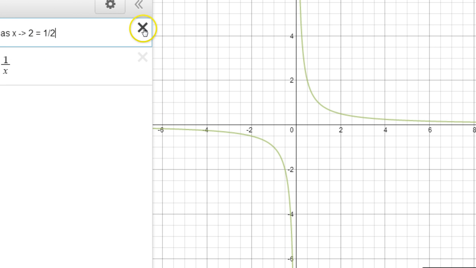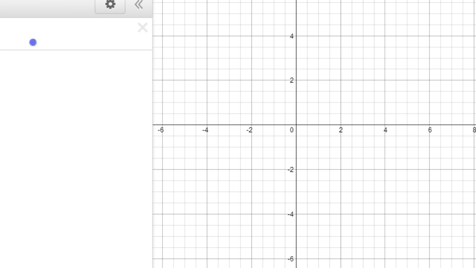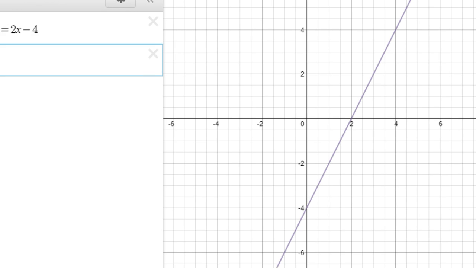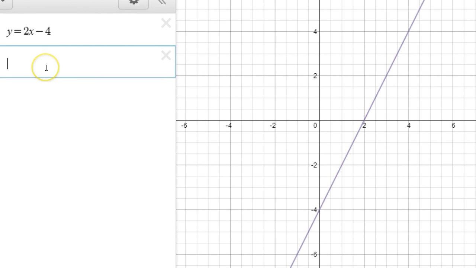Now, the thing that might happen, and I was talking about this with the pre-calc kids. Okay, let's get rid of this. All right, let's say all of a sudden I had a graph, y equals 2x minus 4. Okay, something like that. But then all of a sudden I had a discontinuity, or in other words, a piecewise, where I had the point 1 comma negative 2, and 1 comma 3.